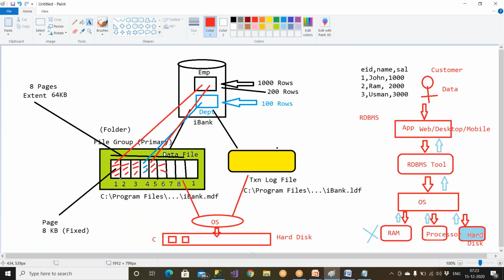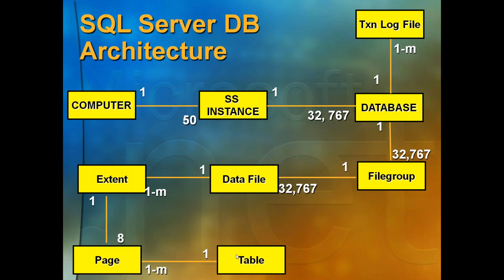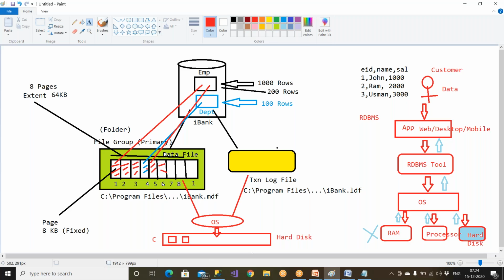This is one table occupied into more pages. These pages are part of an extent. Table data in a page is part of an extent, is part of a data file, is within the file group, within the database, will be part of a SQL setup. The setup is available in your computer if you do the reverse engineering. Clear, guys? So always you need to understand.